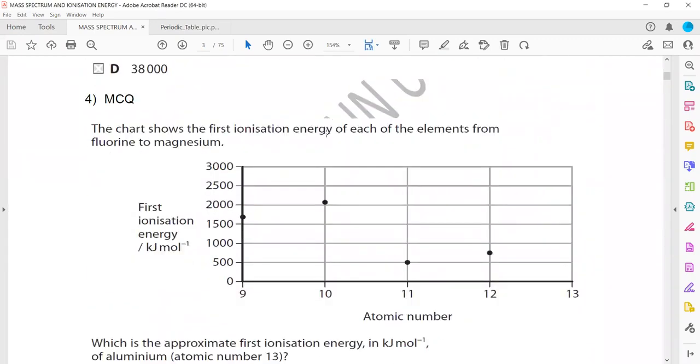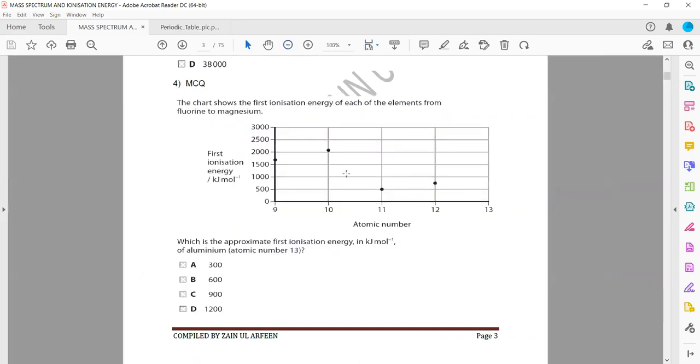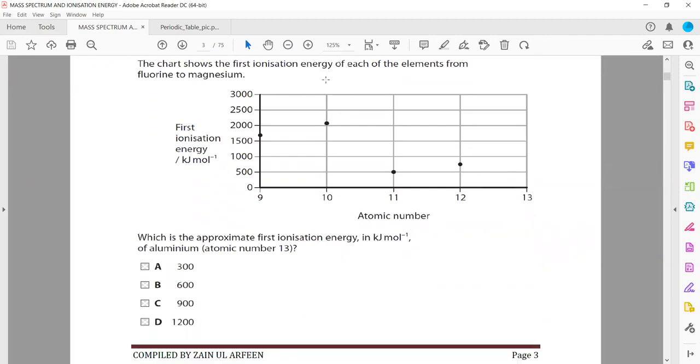Then in question 4, the chart shows the first ionization energy of elements from fluorine to magnesium. Remember the general trend: ionization energy across a period should increase.